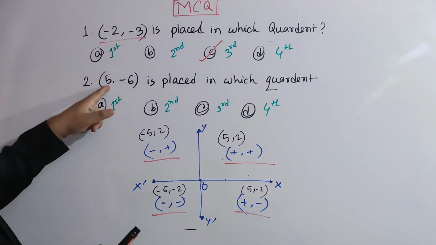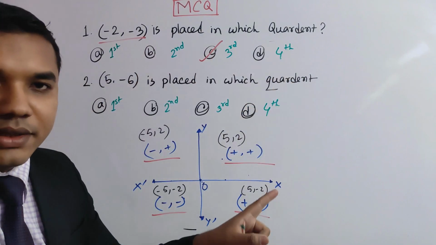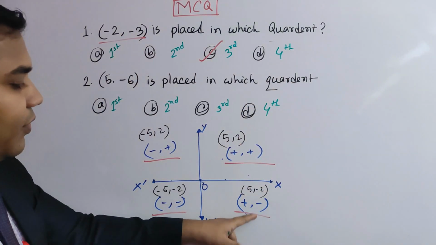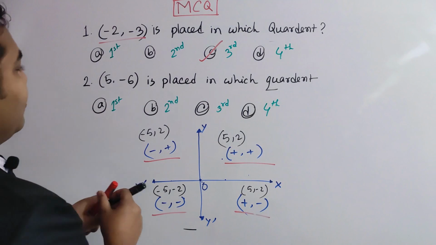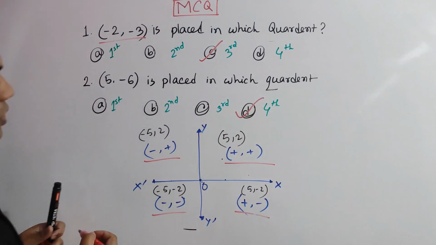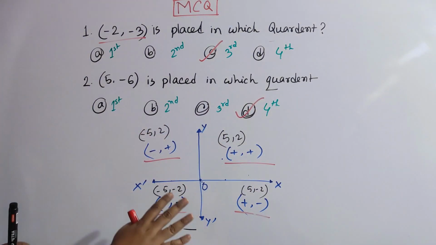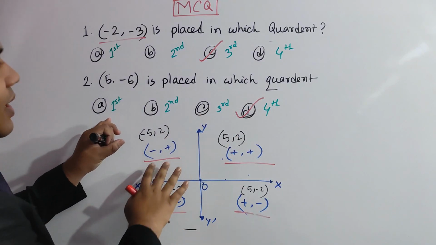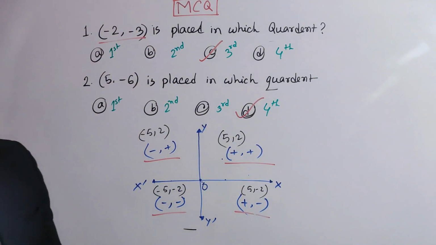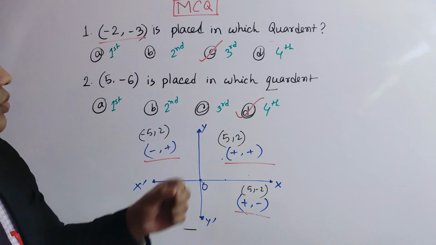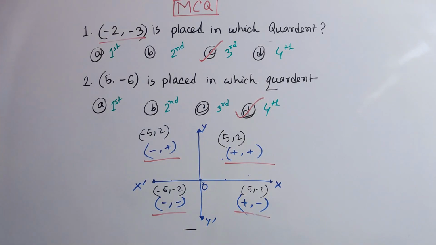Similarly here is (5, -6), so plus minus, it should be exactly the fourth quadrant, so the answer will be fourth. So that is the basic. If we memorize the basic part, then these types of examples are just a matter of time to solve, isn't it? Okay, now the next part.